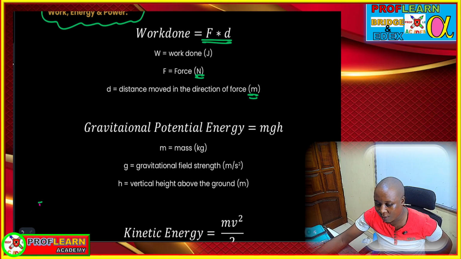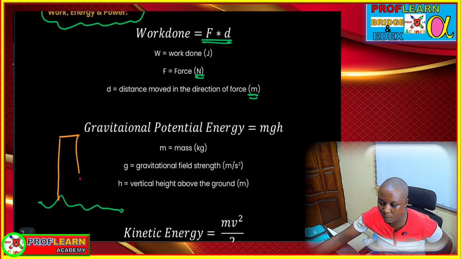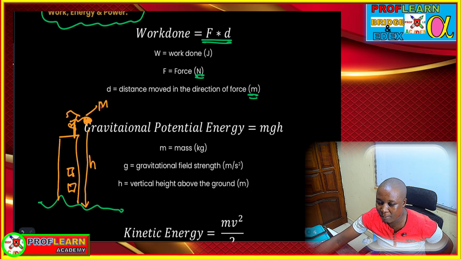So if this is the ground and we have a tall building, and there is a boy standing here with a stone, it means this stone is at a given height, h. If the stone has a given mass m, then the gravitational potential energy it has at that point will be the mass in kilograms times gravity times the height.